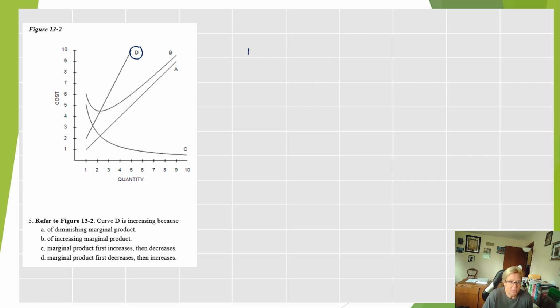So remember that the marginal product is the increase in output that arises from one additional unit of production.